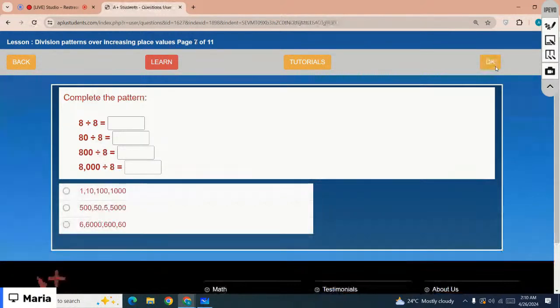Okay, complete the pattern, which is the correct option?